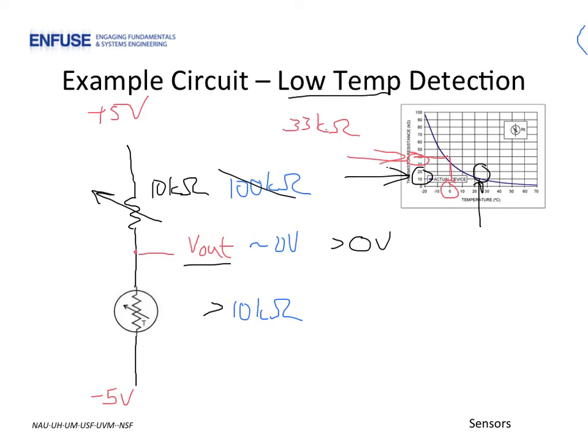As such, we would set our potentiometer also to 33K, and then when the thermistor's value turned out to be greater than that, because the temperature was less than 0 Celsius, our Vout would become positive. But as long as the temperature was above 0 Celsius, the thermistor resistance would be less than the potentiometer's resistance, and the Vout would be less than 0.